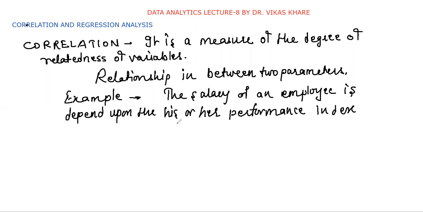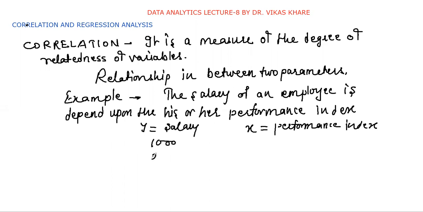So if we consider y is equal to salary of employee and x is equal to performance index. So the salary in dollars is something like this: $1,000, $2,000, $2,500, and the performance index is 7.5 out of 10, 8.5, and 9.